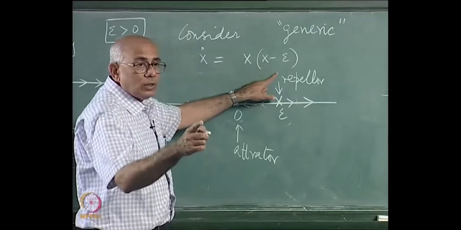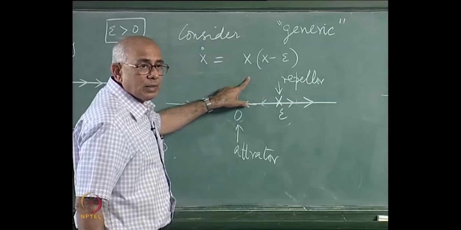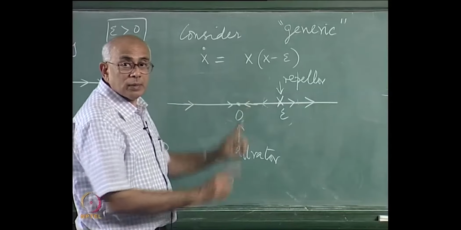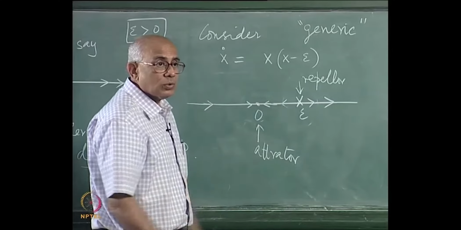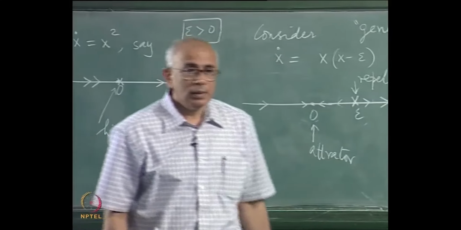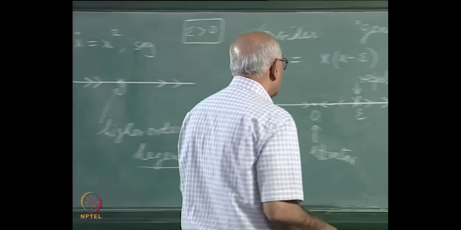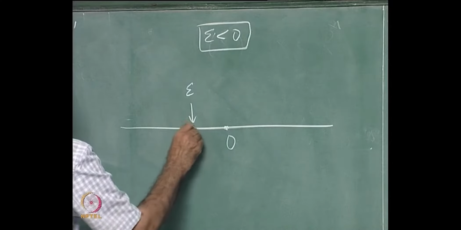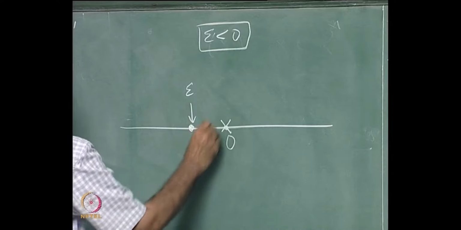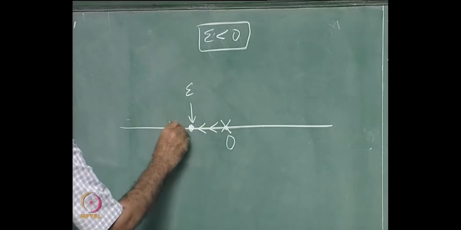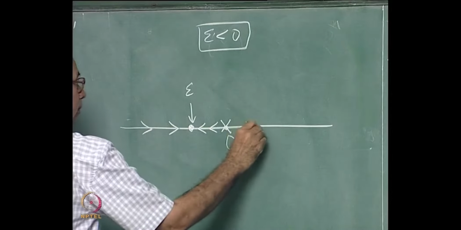Well, near the origin the behavior is minus epsilon x, and if epsilon is negative, minus epsilon is a positive number, so 0 becomes a repeller and the critical point at epsilon becomes an attractor. So you end up with a picture where this is an attractor and that is a repeller, and things flow in this fashion.